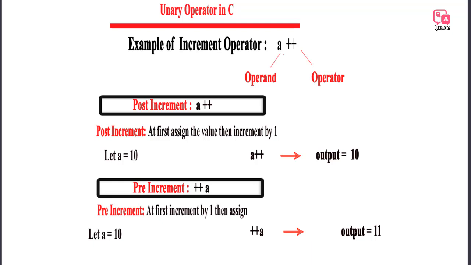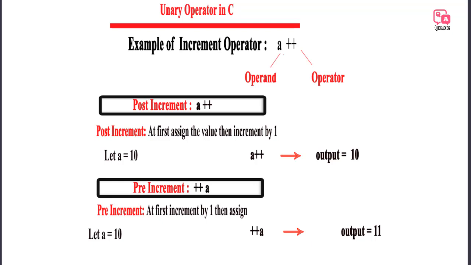And one thing we have to know, when you use plus plus or minus minus, it is always incremented by 1 and always decremented by 1. Like we are using A plus plus. And in the decrement operator also there are two sections: one is pre-decrement, another is post decrement.